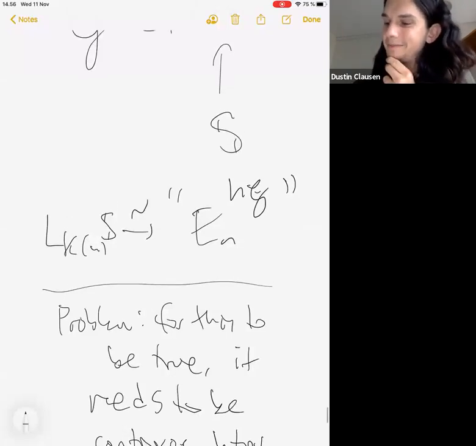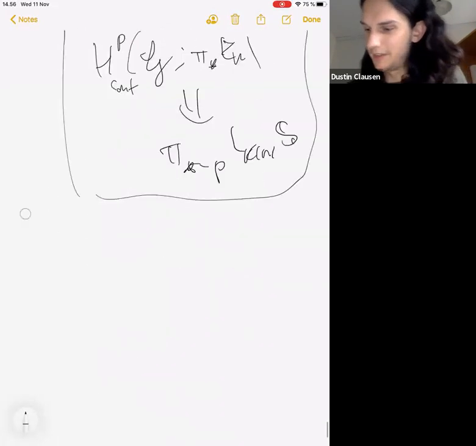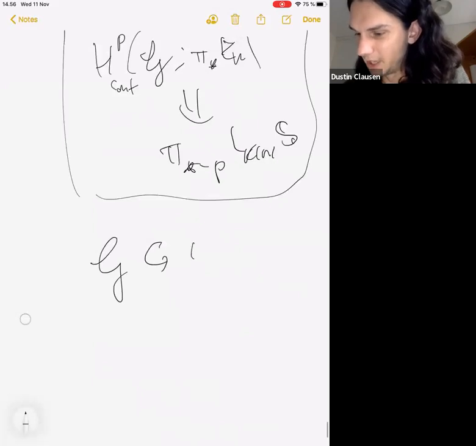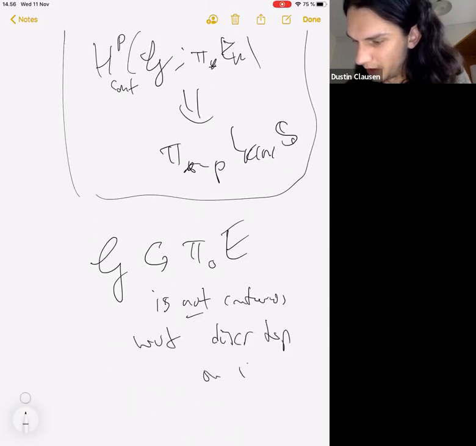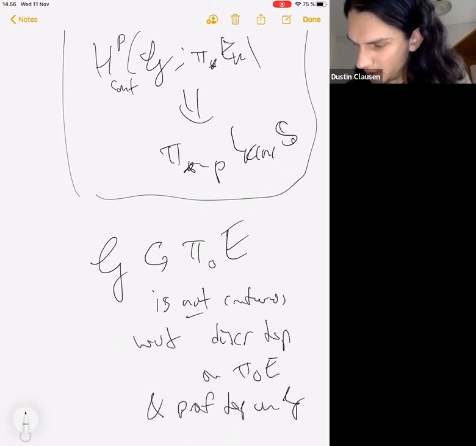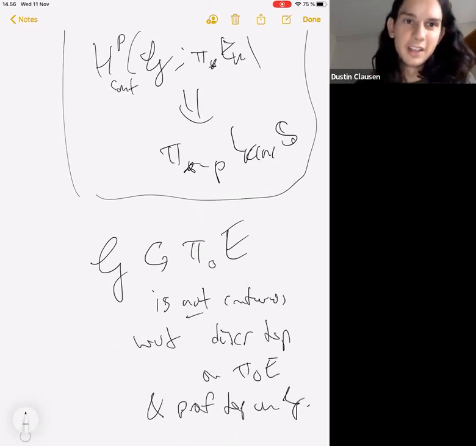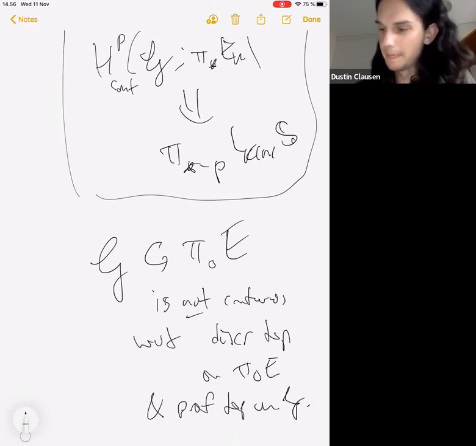First of all, here it's really not enough to consider E_n as a discrete spectrum, because we have an action of the Morava stabilizer group by taking homotopy on, say, pi naught of E. This is not continuous with respect to the discrete topology on pi naught of E and the profinite topology on G. It's only continuous if you take the adic topology for this complete local ring.